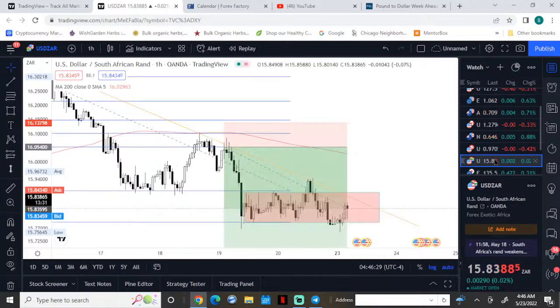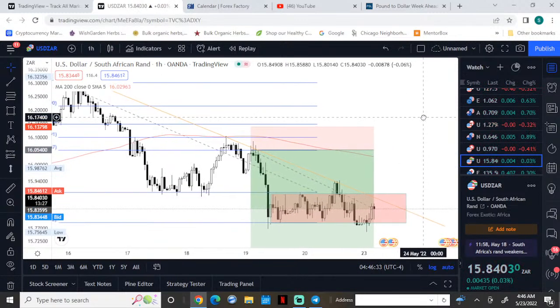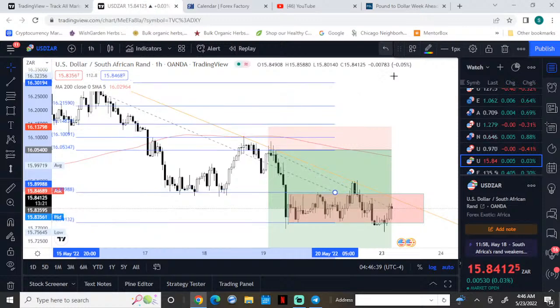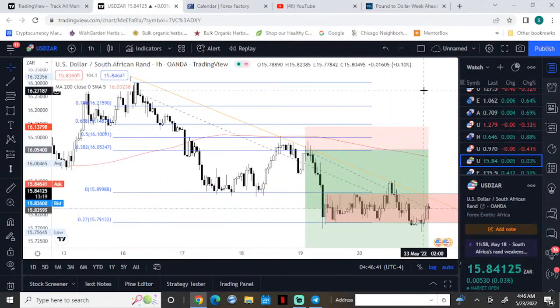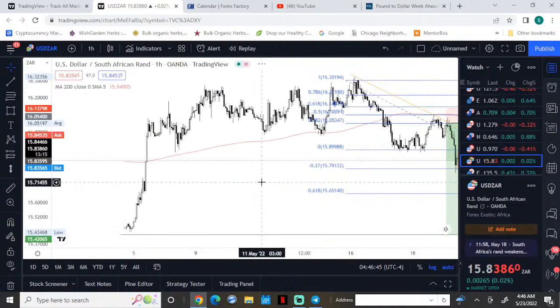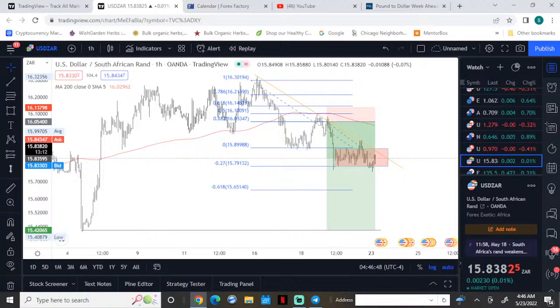All right, where were we? USD ZAR. So this is a new pair that I am trading. I've never placed a position on USD ZAR, but I like how it looks. It respects the fibs, and it's also a USD pair, so why not, right?